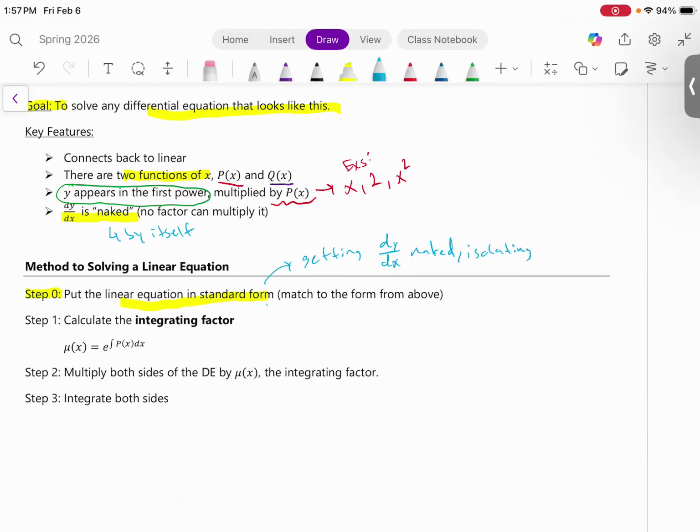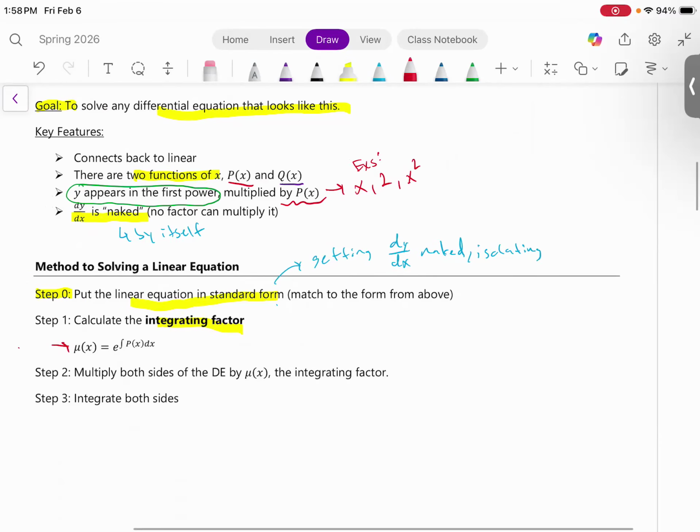Step one, calculate the integrating factor. So this is something we're going to learn that's quite new, the integrating factor. That's something we got to calculate. And we like to denote it with the Greek letter mu. So we say mu equals e raised to the integral of that x function p of x dx.